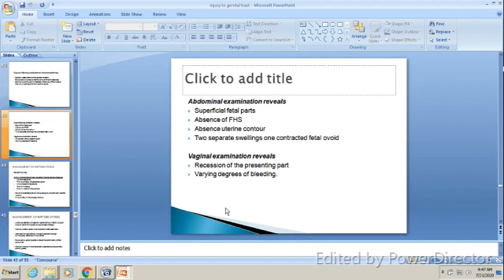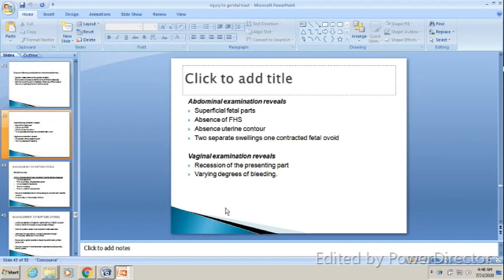There are two separate swellings. The uterus is ruptured and contracted and will be laterally placed. So when you palpate, you will feel a two-bogey feeling: one is the fetal parts, fetal head, and the other is the uterus.